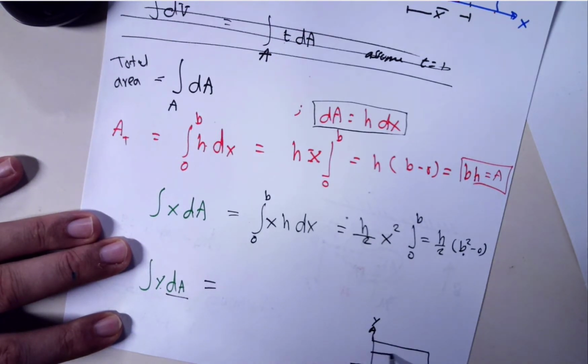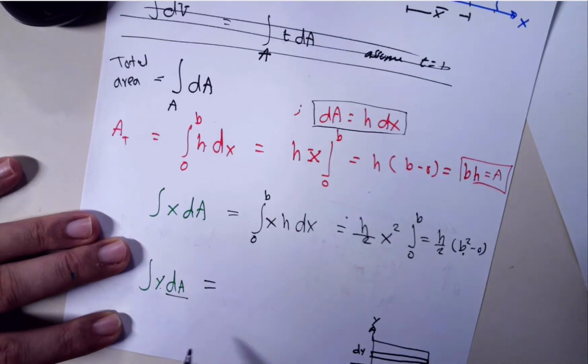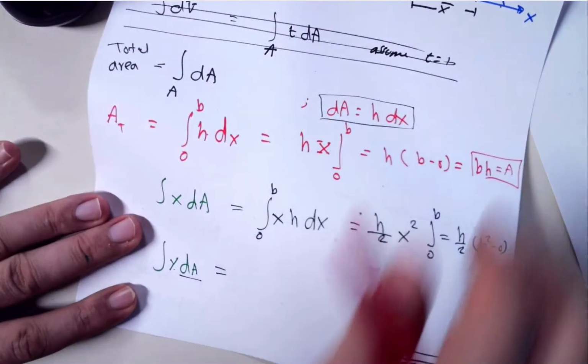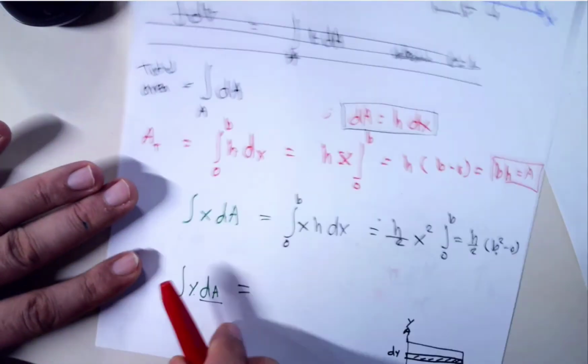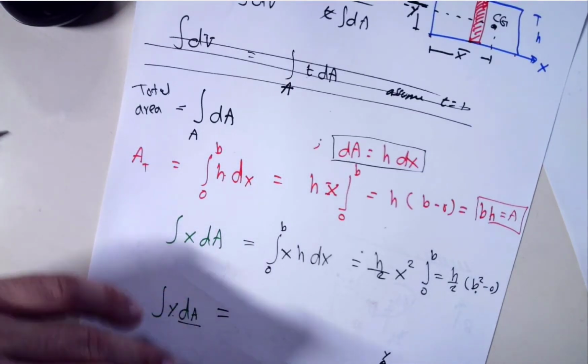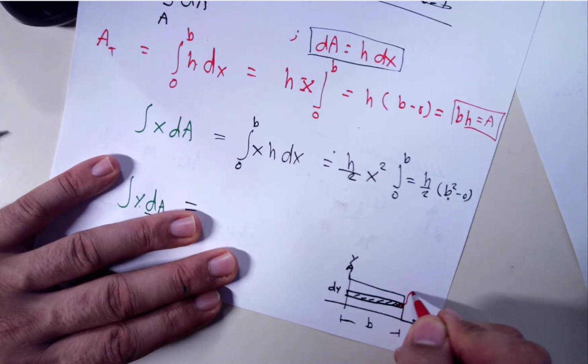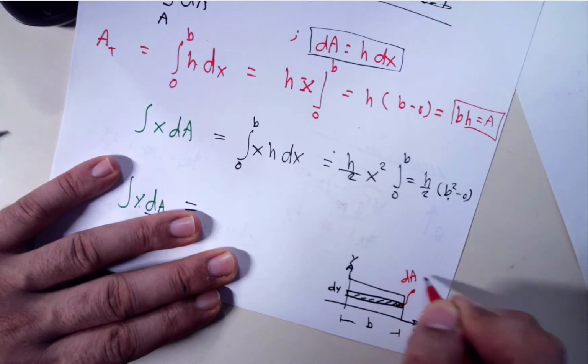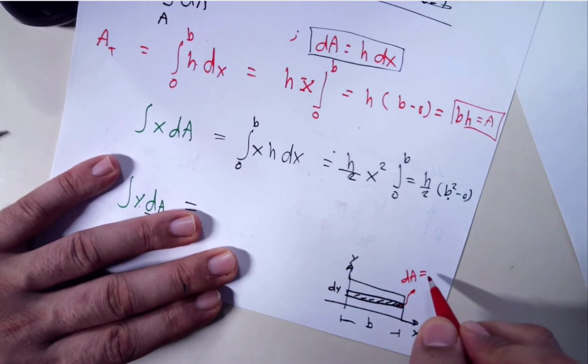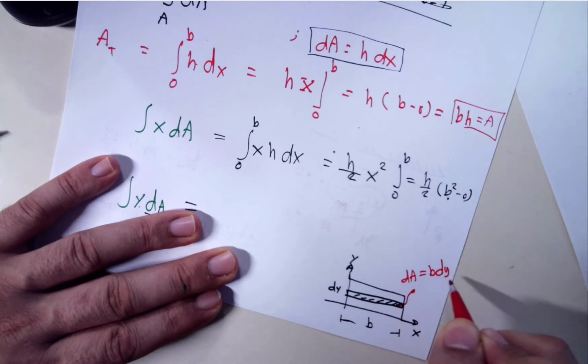So if I take this element, this height is dy and has a constant width which is b, right? So this one over here, in a different color, is my dA and that's equal to b dy.